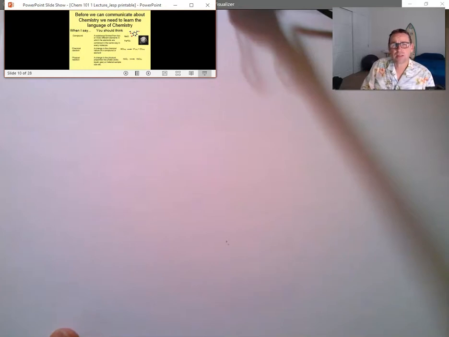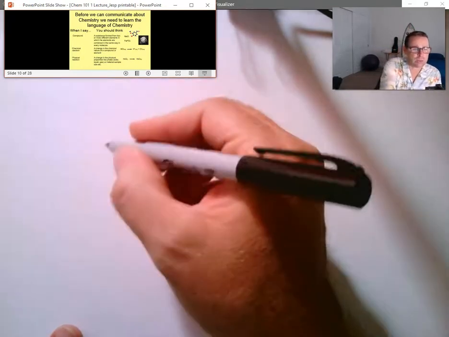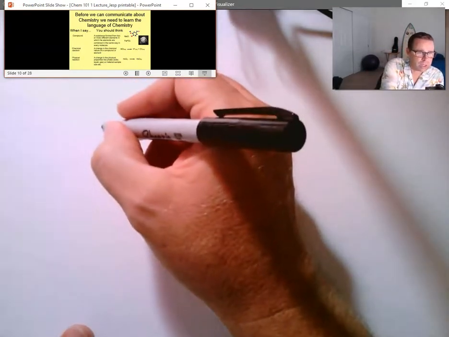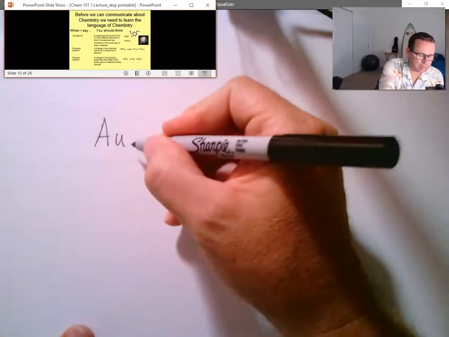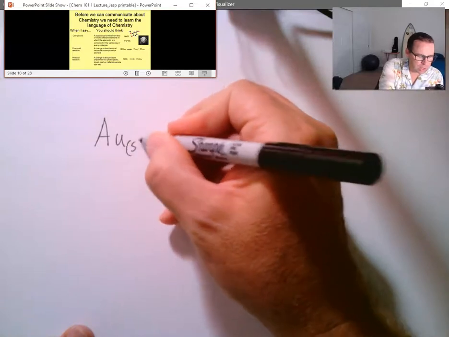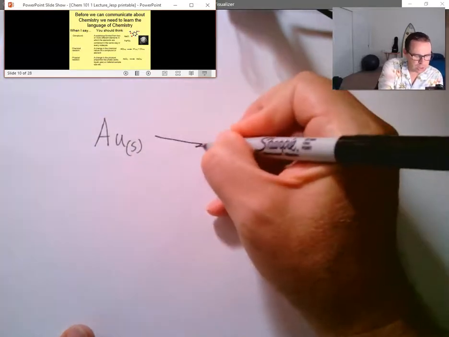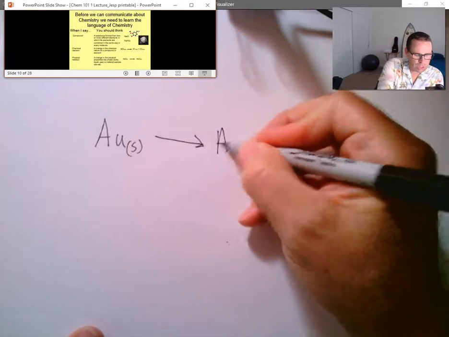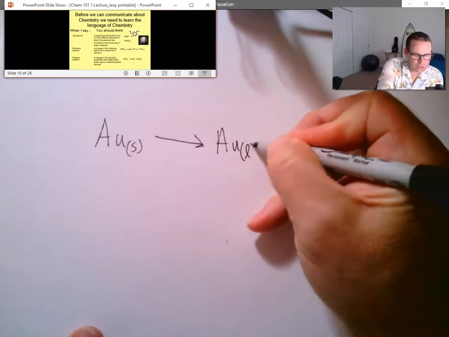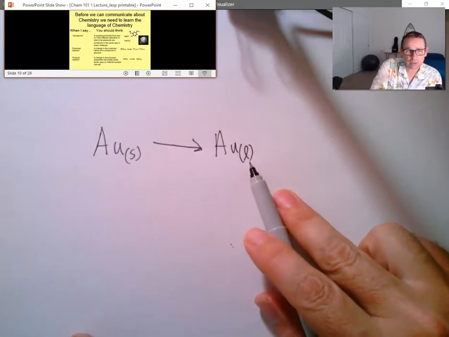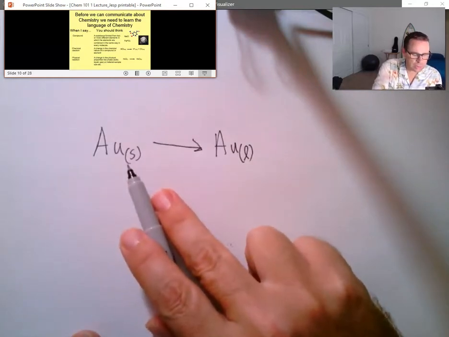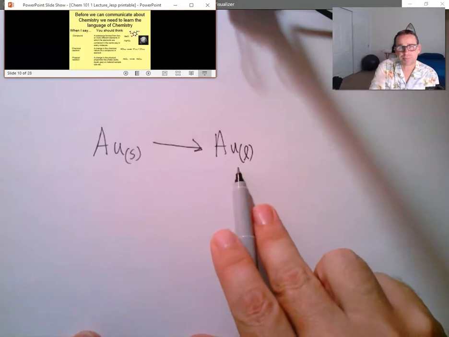Now, you would think our understanding is pretty clear if somebody says a physical change. Let's do some examples of a physical change. If I have something like gold, that's elemental gold, and it's solid, and then here's the change that's going to occur. I make it into this, and that little L there means that it's now a liquid. What have I done to that gold? Taking it from solid to liquid, what do we call that?